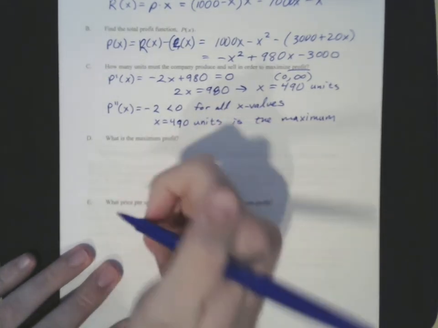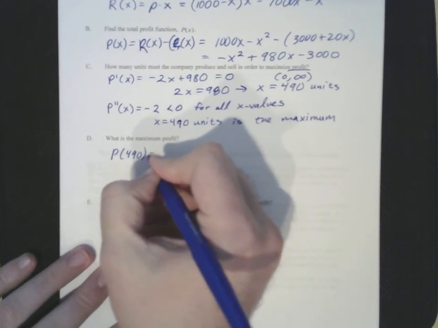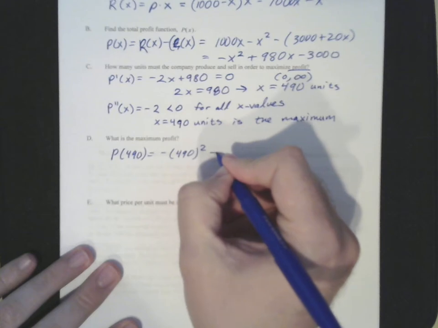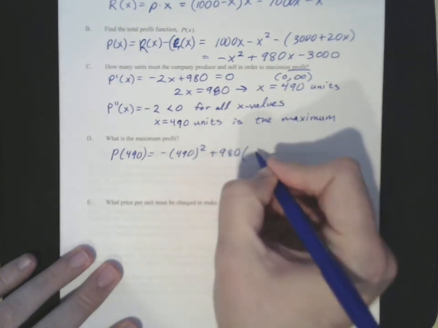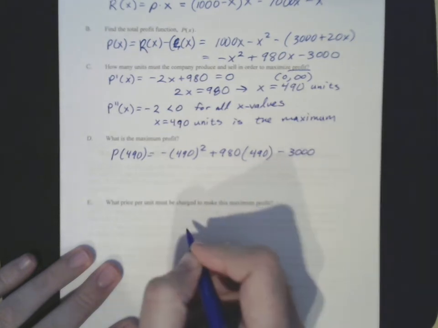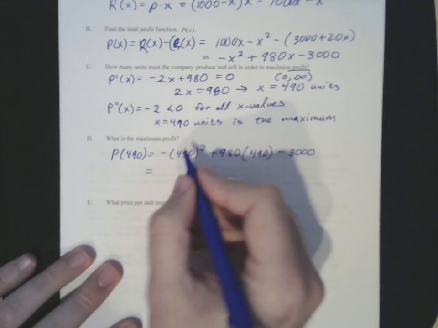So now what is the maximum profit? P of 490 is negative 490 squared plus 980 times 490 minus 3,000. And I've just punched this into the calculator.